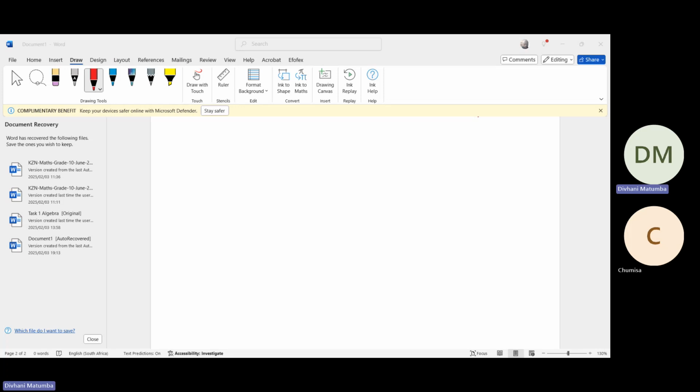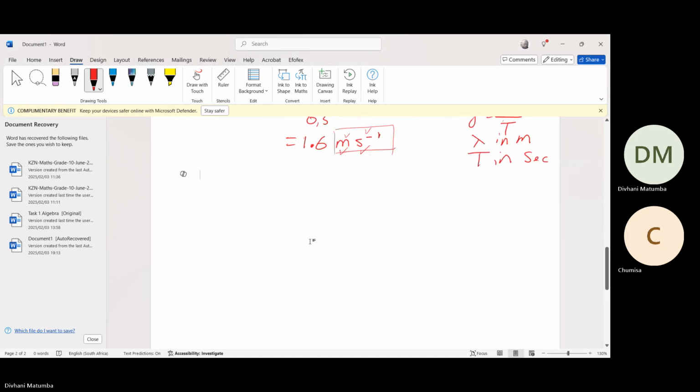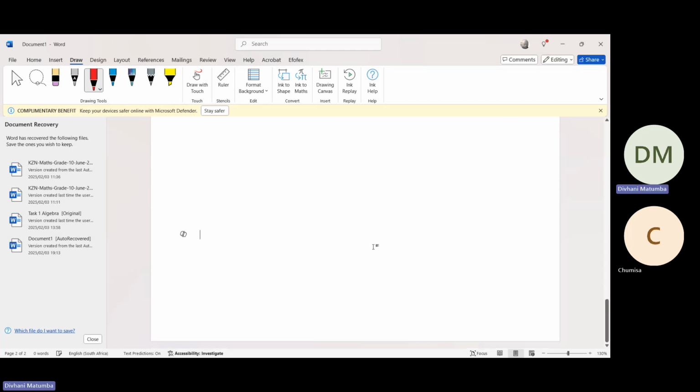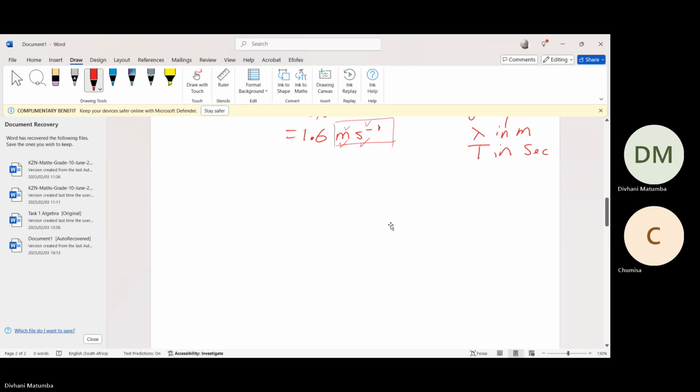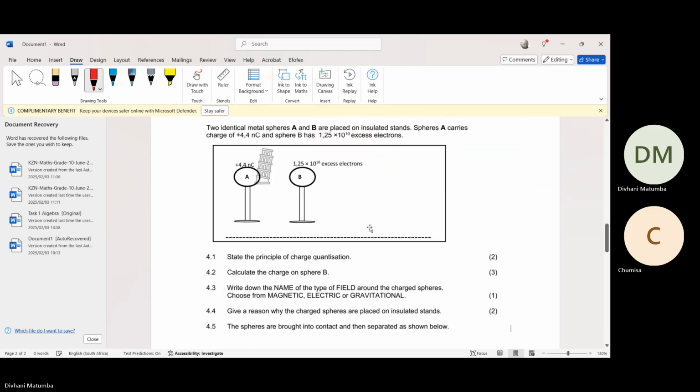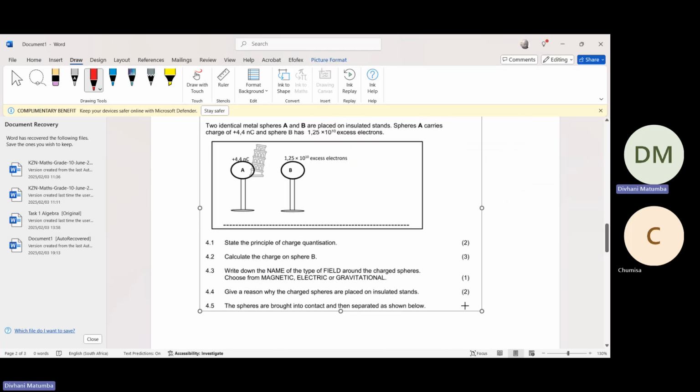Okay, I'm going to do a question on electrostatics. Yes, sir. Okay, so I'm going to clip it quickly. Yeah, so this is what we have.